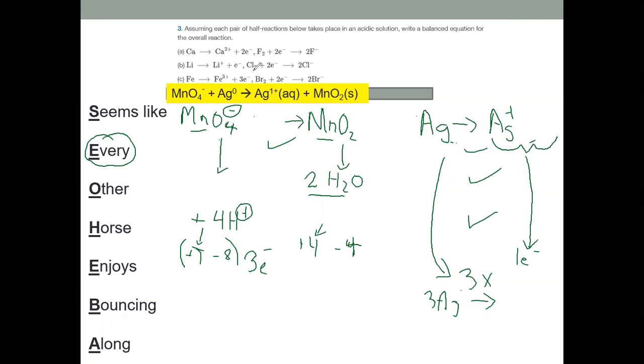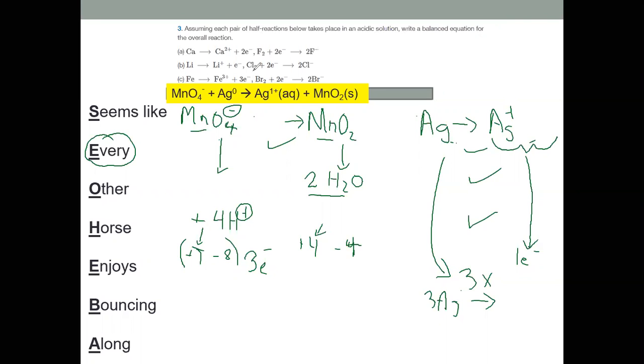Now what I just started doing is going to make sense, because we're going to need to multiply the silver half reaction by 3 in order to get 3 electrons, right?